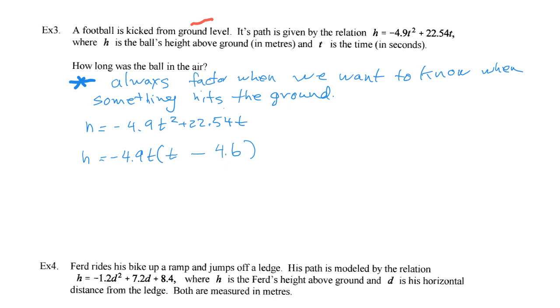So remember what I told you. When we want to find out how long something is in the air or when it hits the ground, you have to factor first, right? This factoring allows us to find the x-intercepts. So let's do that. In this case, we don't really have x-intercepts.